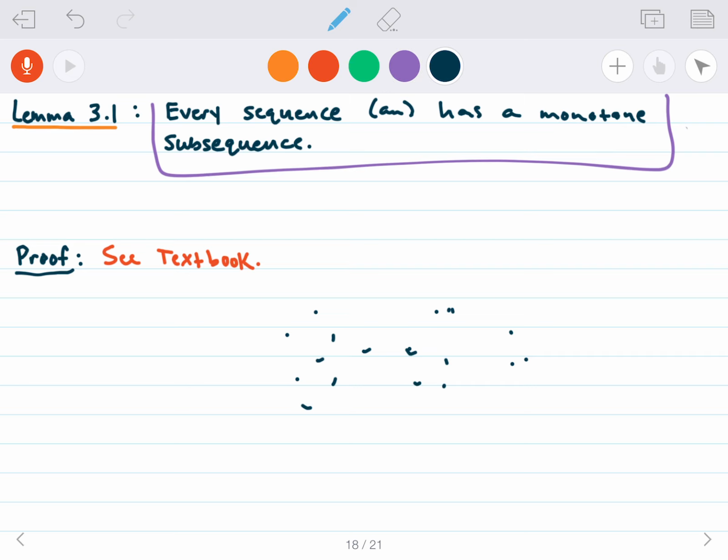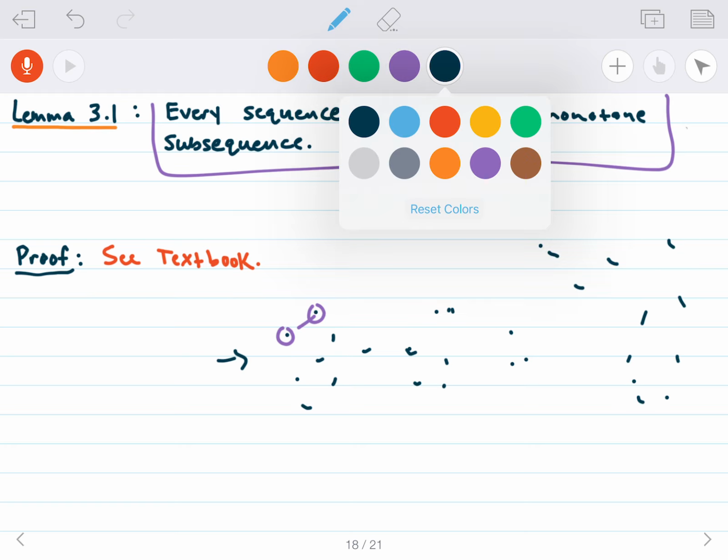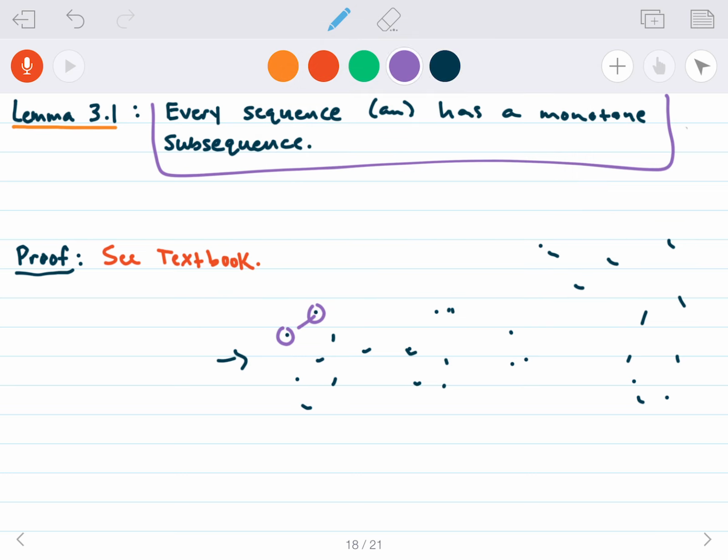So just from this picture right here, I can pick out a monotone increasing sequence. I can say, oh, well, this is going from here to here, and then we're going to have some other things over here, right? And so we can just kind of map the peaks to the peaks so that it's constantly increasing.